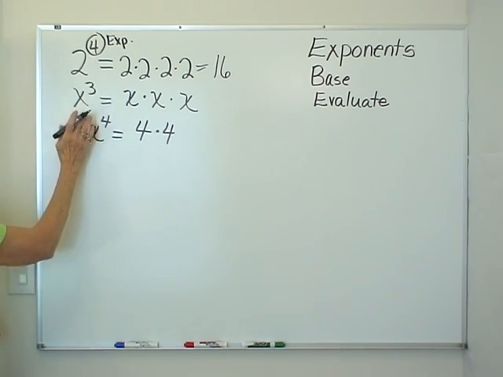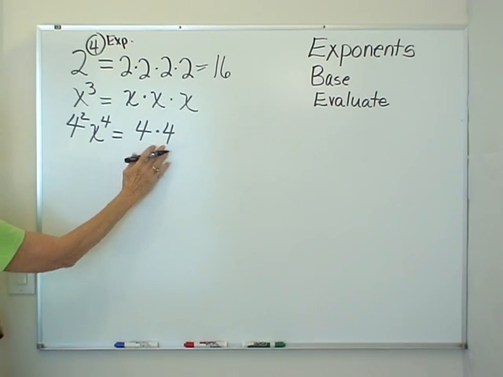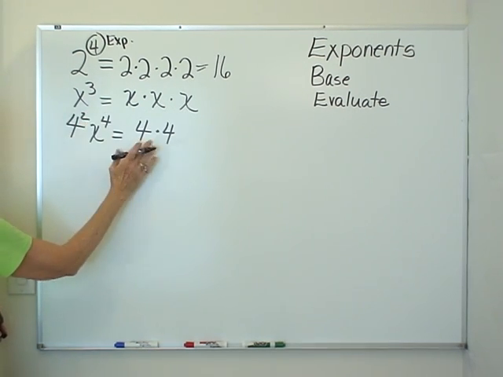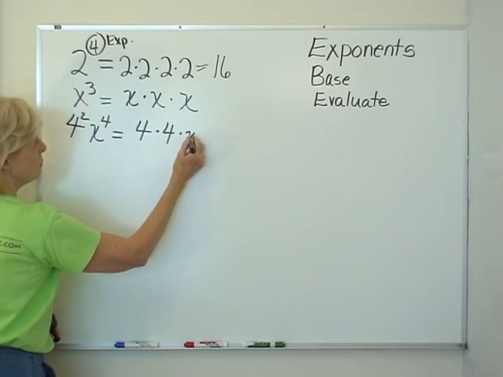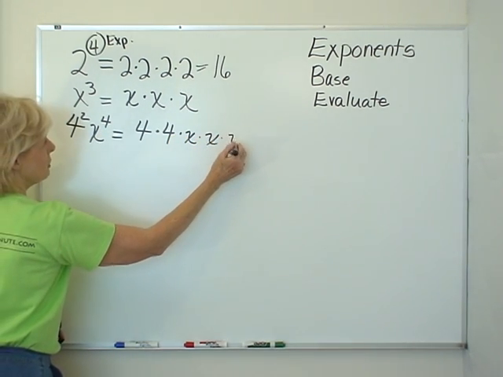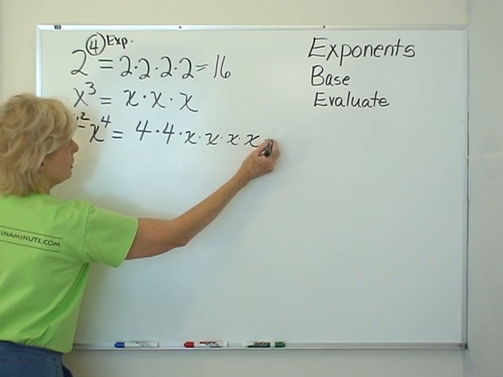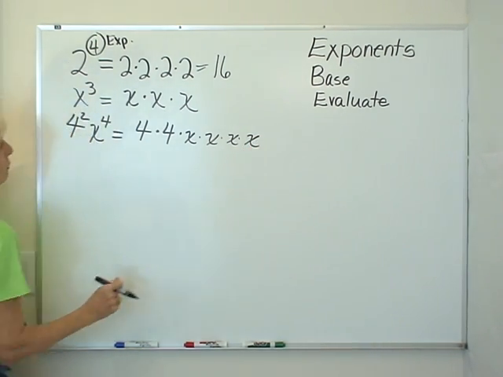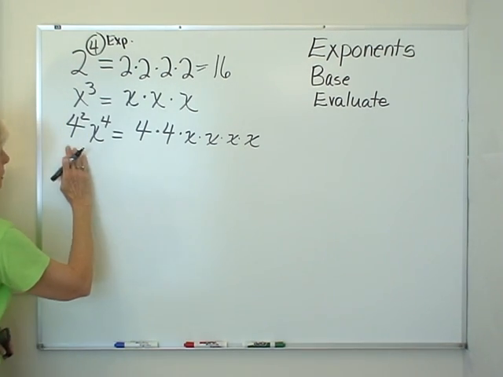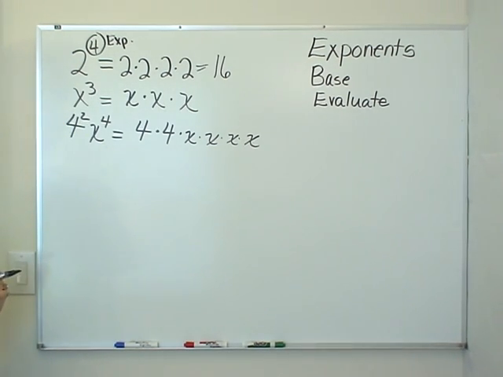This is just how many times 4 is multiplied by itself. So there are 2 4's sitting there. There are 4 x's. So you see why it's an abbreviation, don't you? X times x times x times x. And that gets kind of long and drawn out to write all the way out. But this is what this means, and you will know that every time you see it.